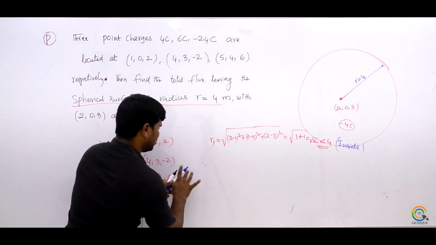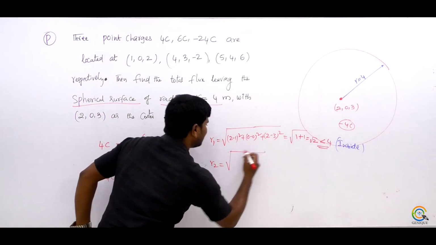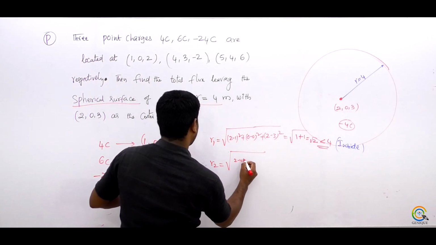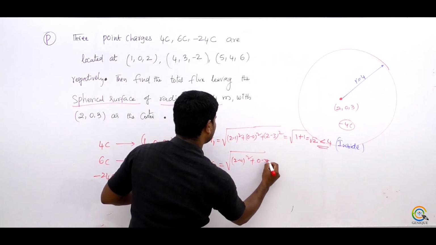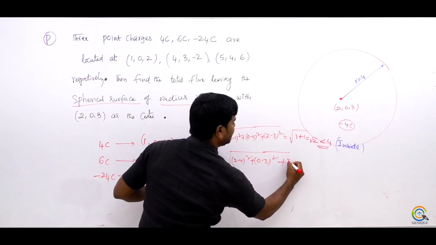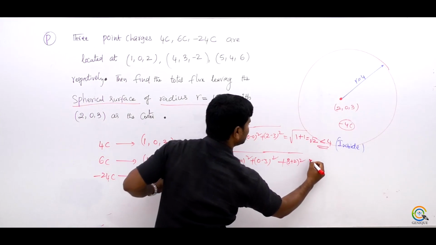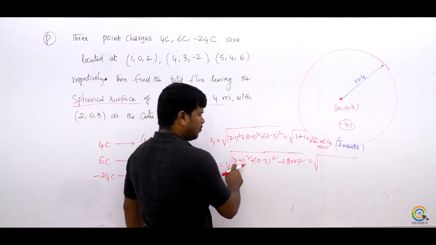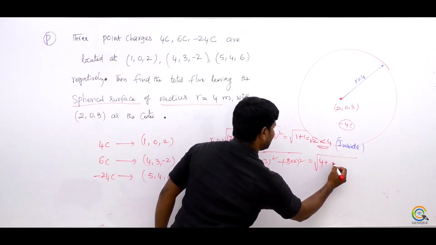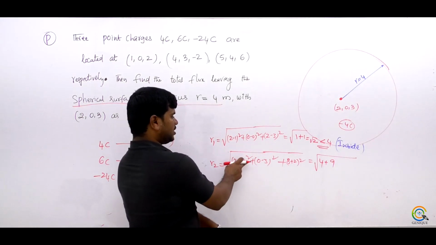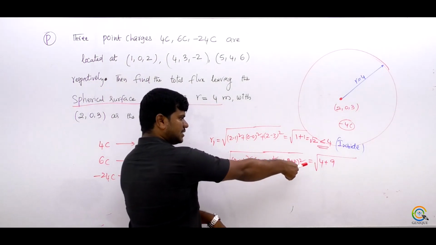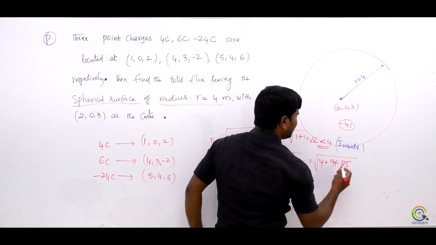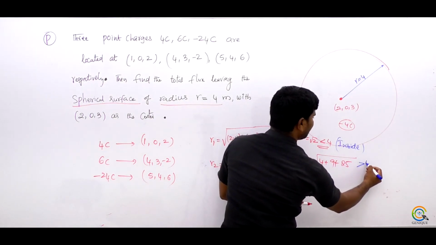Come to the second one. R2 equals root over (2 minus 4) whole square plus (0 minus 3) whole square plus (3 plus 2) whole square. This equals root over 4 plus 9 plus 25. The 5 square is 25, so it is greater than 4.